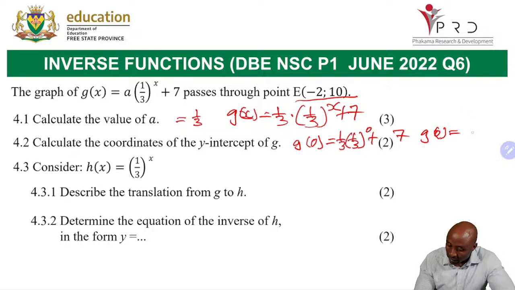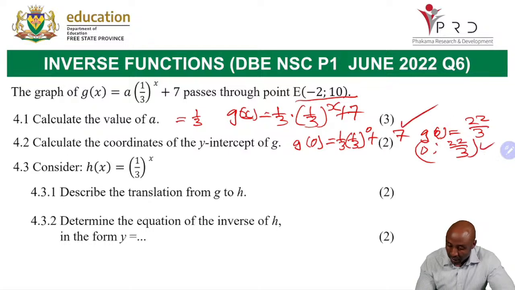So it becomes 1 plus 7, which gives us 8. This will give the y-intercept as (0, 8). We get our 2 marks.